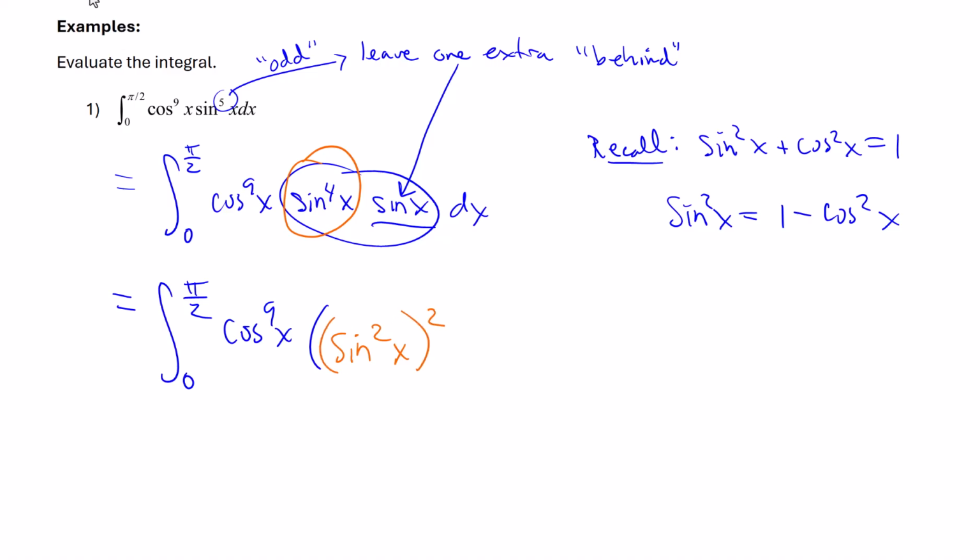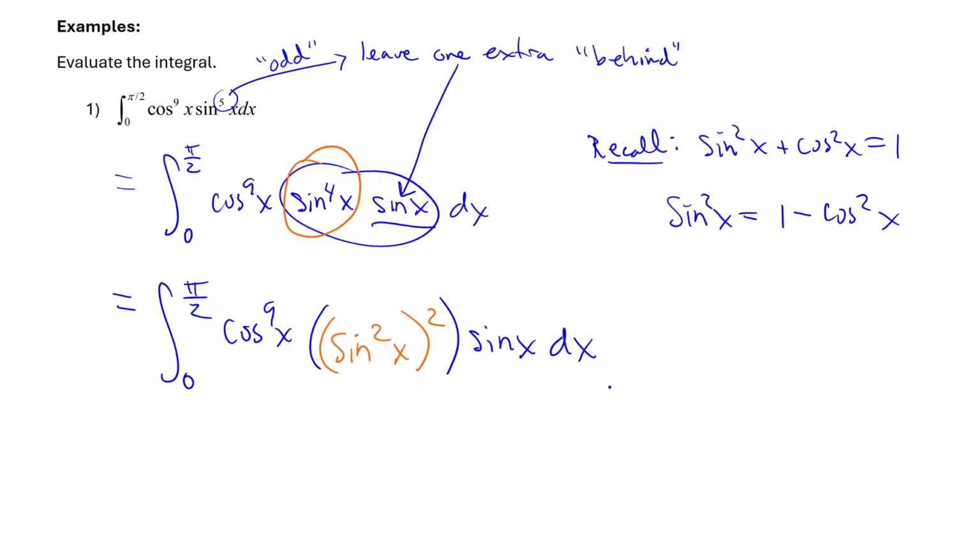All right, now I'm going to try to color coordinate some things here so this looks visually followable. So we wrote sine to the 4th x as sine squared of x squared. Now, let's not forget what else we still have: there's this extra sine of x and then our dx. Those have to remain where they were because we're not changing the entire problem. We're just rewriting it in a more convenient way.